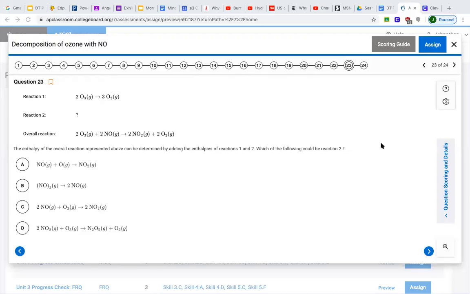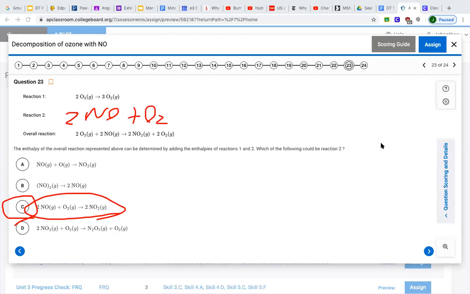For this one, the correct answer ends up being C. Why is it C? Because if you add this in here, you get 2NO plus O2 yields 2NO2. You initially didn't have your 2NO2, so the 2NO2 get added.